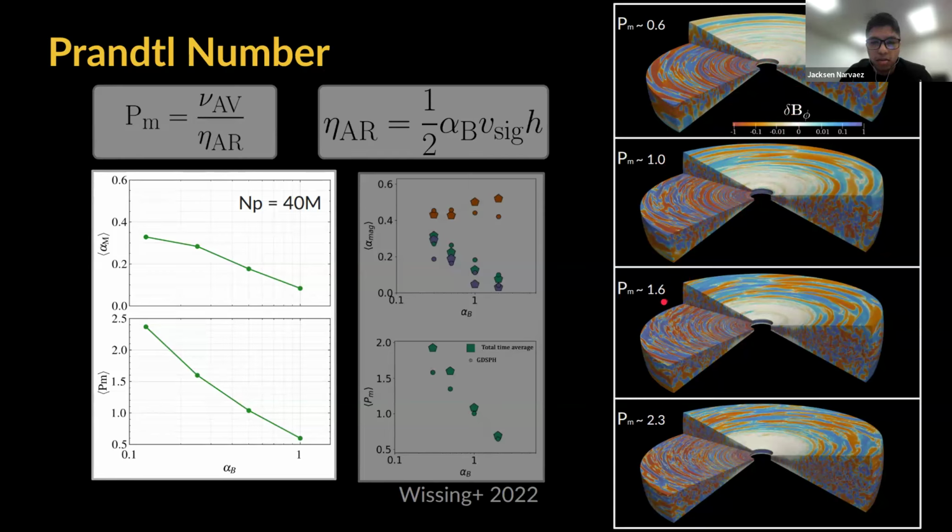But for Prandtl numbers larger than 0.5, like 0.6, 2.3, most of the toroidal magnetic field is turbulent, which also agrees with general results from grid code simulations.